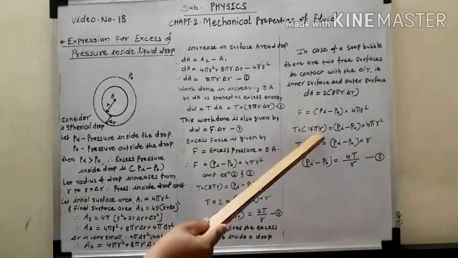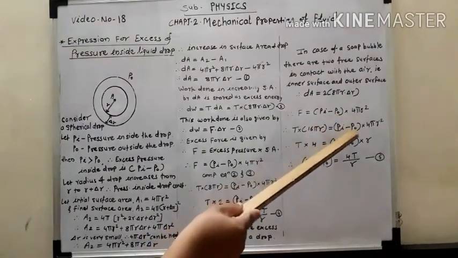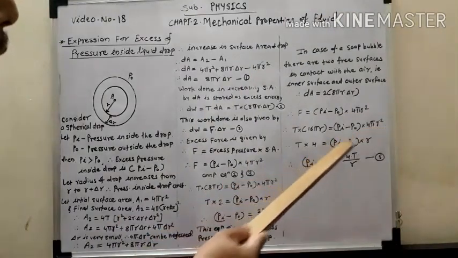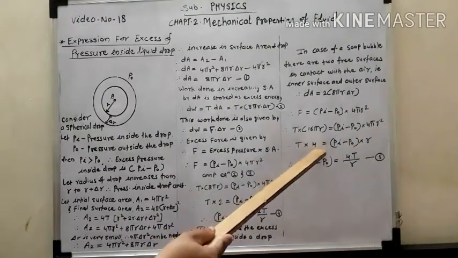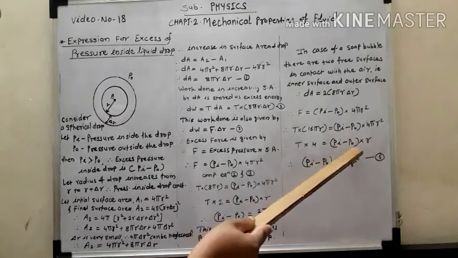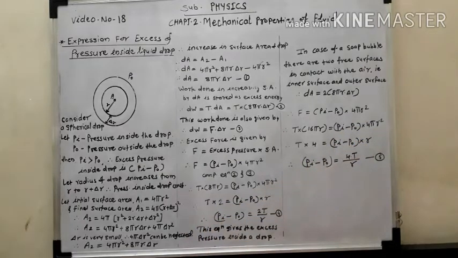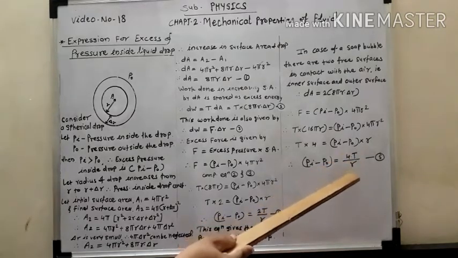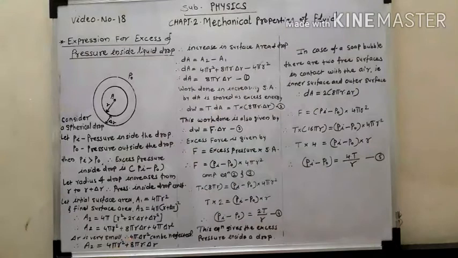So T into 16 pi r is equal to Pi minus Po into 4 pi r square. Simplifying, we get T into 4 is equal to Pi minus Po into r, so for the soap bubble, Pi minus Po is equal to 4T upon r. This is equation number 5.